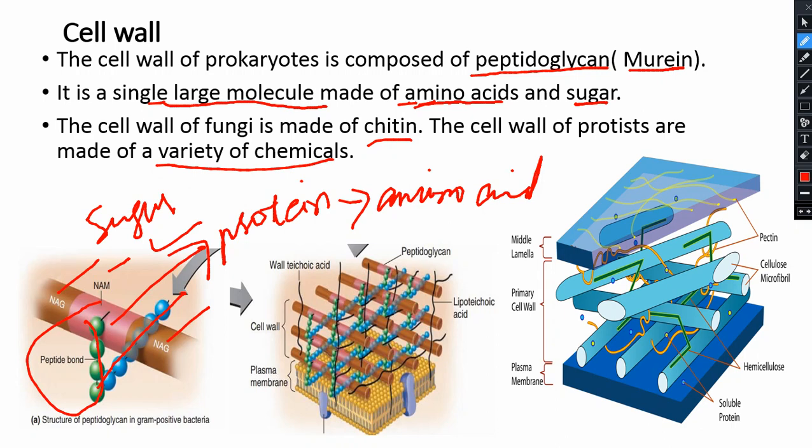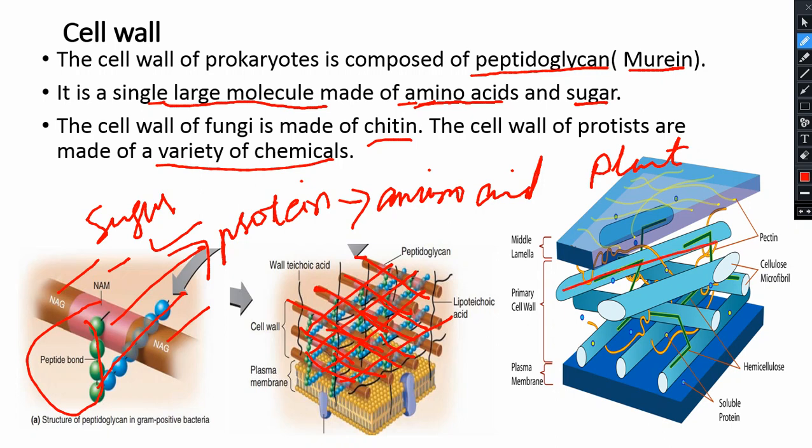If you look at the structure of a cell wall, in the bacterial cell wall it looks like this. These sugar molecules are present in this manner, and they make a net-like structure. Now on this side is the structure of the plant cell wall.